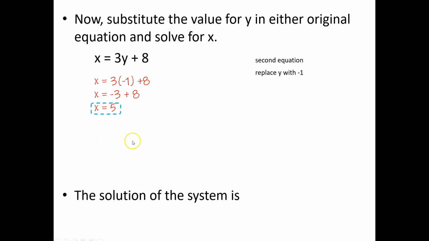There's your second part. So we have y equals negative 1 and x equals 5. So your solution is 5, negative 1.